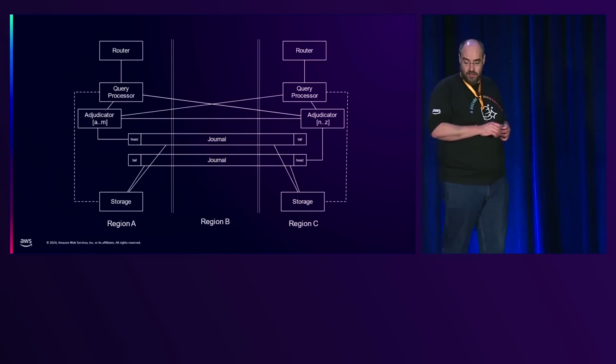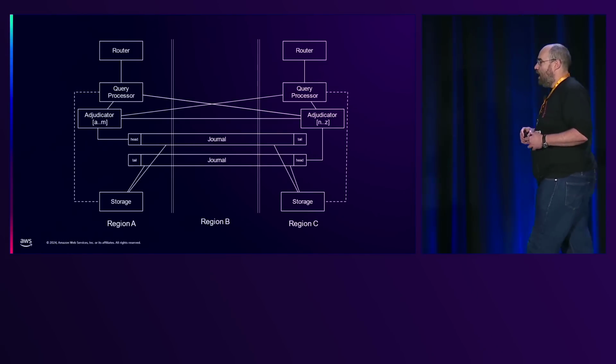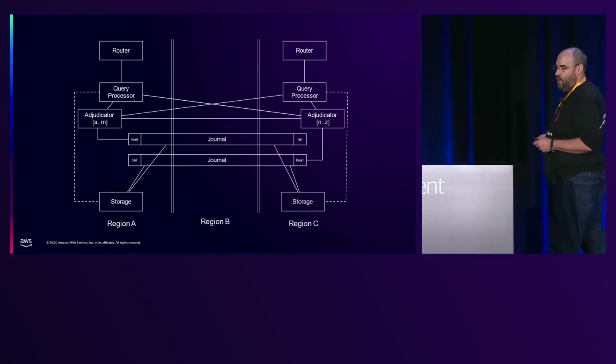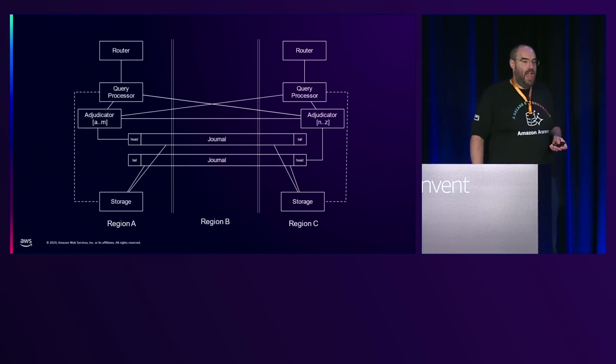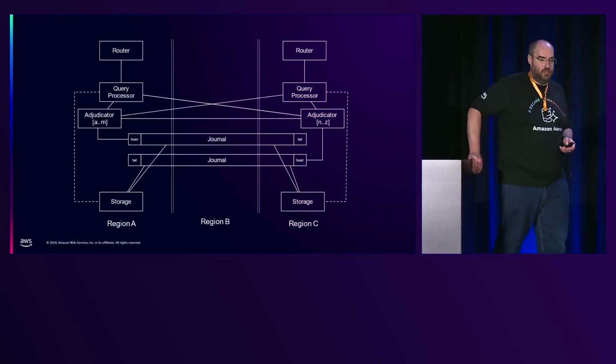Let's see how this looks. In our preview release, we support configurations that span 3 regions. 2 of those regions are active. You're going to get an endpoint that you can point your application at. And one of those regions is a journal-only witness region.